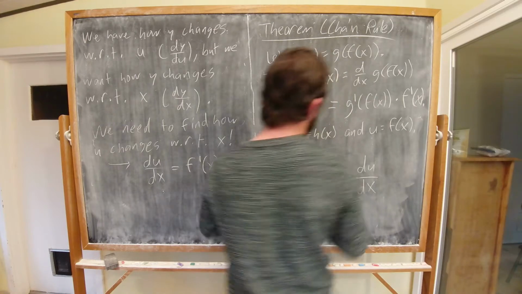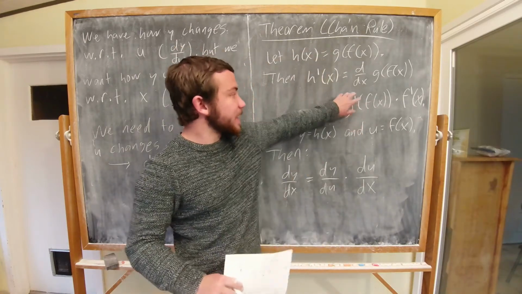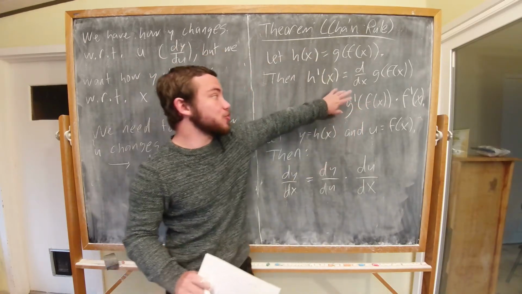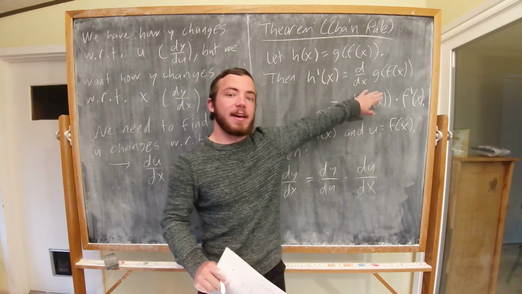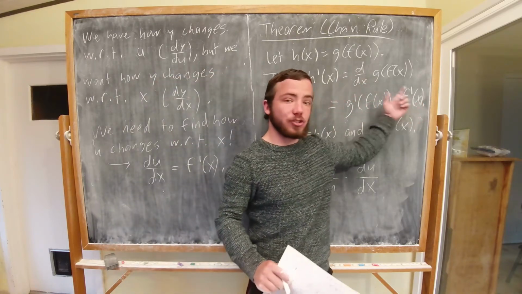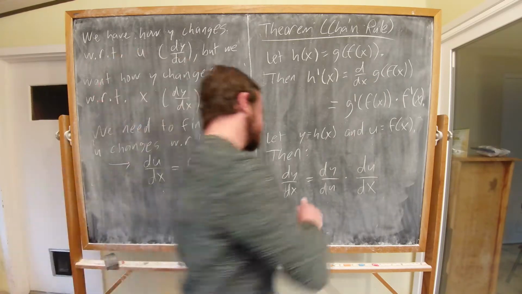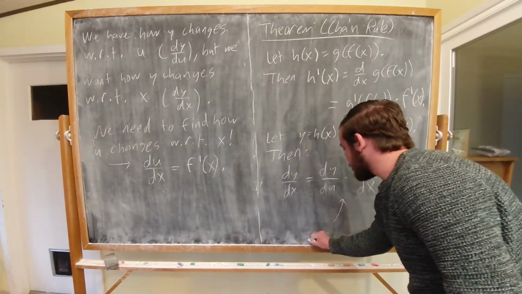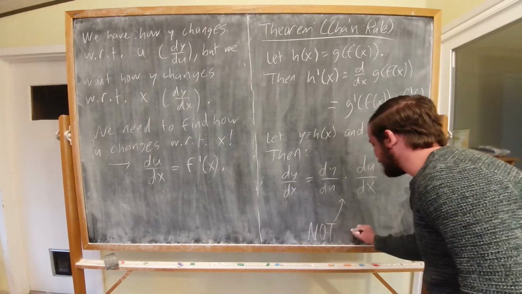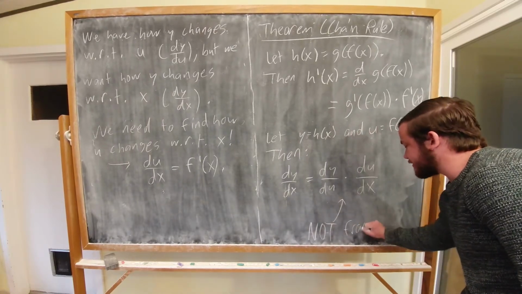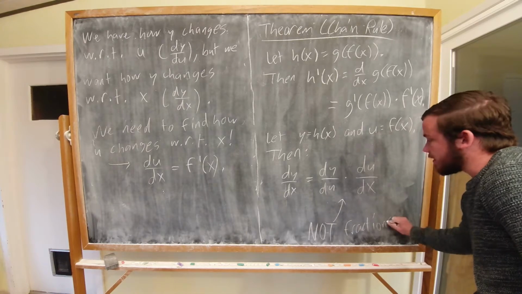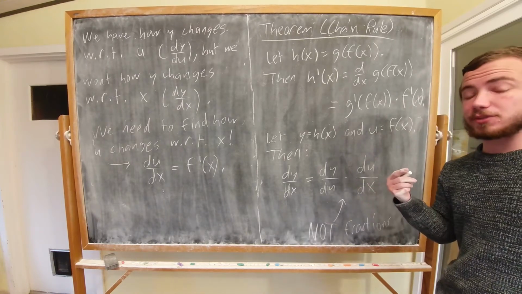And we can see that in this quote here. G prime of f of x, that's our dy du. How g is changing with respect to f of x, and then we multiply by how f is changing with respect to x. Please note, again, these are not fractions. You cannot just cancel the du's out.